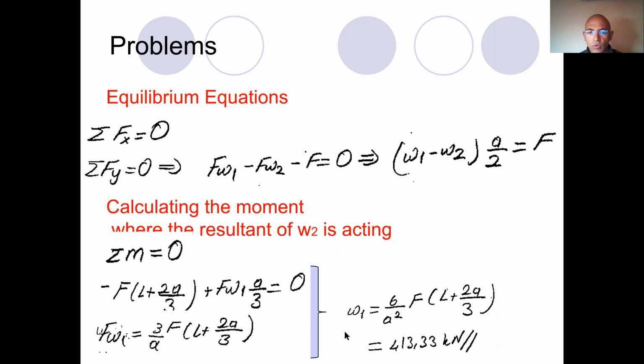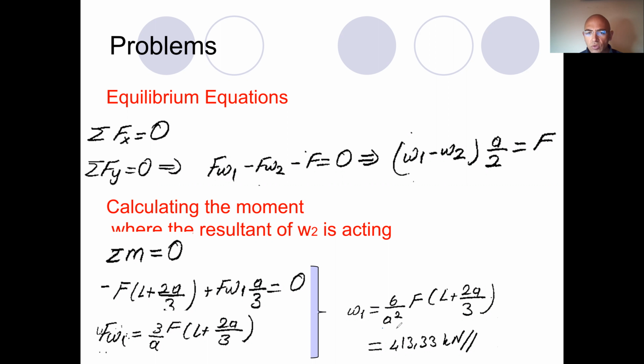Now from these two equations, I can calculate W1, and I will find this expression: 6 divided by A squared multiplied by F, and that's multiplied by (L plus 2A divided by 3).